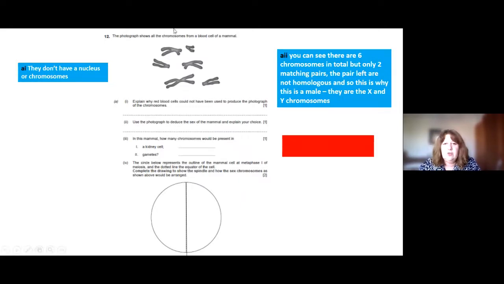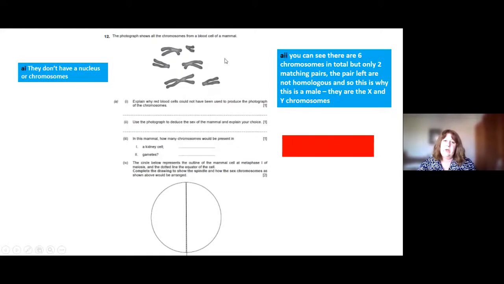Okay. So what I've said for the second answer is you can see there are 6 chromosomes in total, but there's only 2 matching pairs. So let's have a little look. This one here is the same as there. So that's a homologous pair. Then let's have a look, because this one's quite a large one. That one's quite a small one. These 2, again, matching pairs, homologous pairs. And so we're left with the 5th and 6th, which is this large one, this little one.